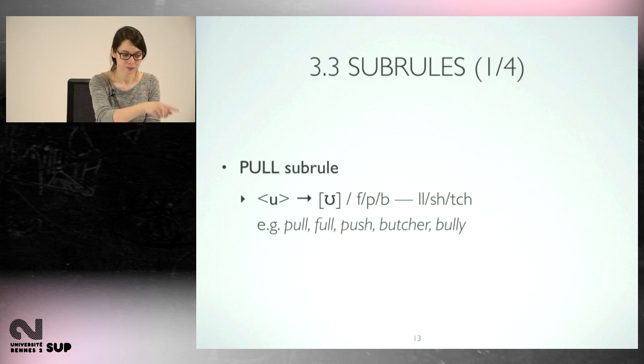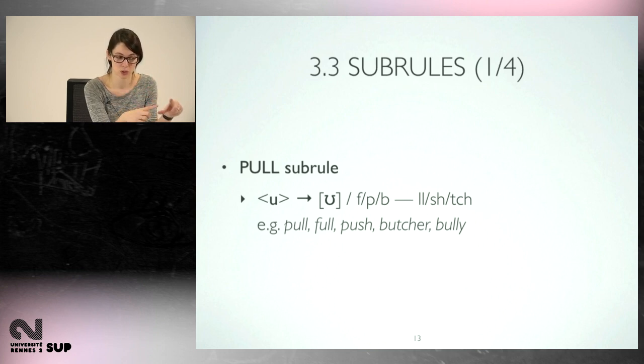So to decode the rule, okay, because this follows the convention for expressing graphophonemic rules. The use of angle brackets: what's in between the angle brackets is a grapheme, a graphic unit.